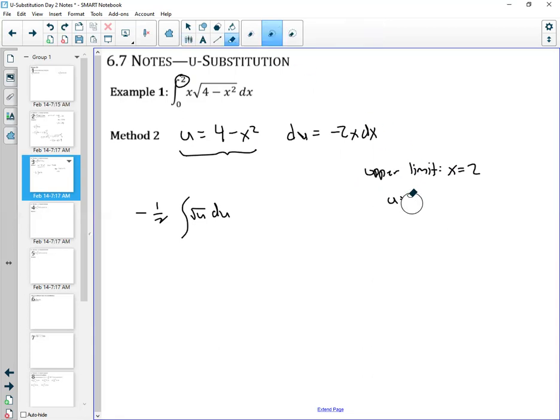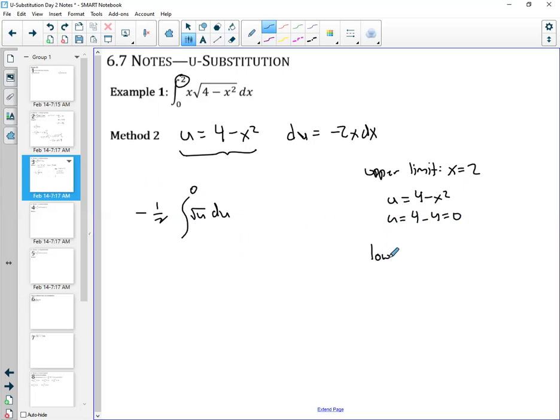I'm sorry, I'm having some lag problems with this computer, but we're going to just grin and bear it. If x is 2, u is 4 minus 2 squared, which is 4 minus 4, which is 0. So my upper limit was x equals 2, but when x is 2, u is 0. So I can just replace that with a 0.